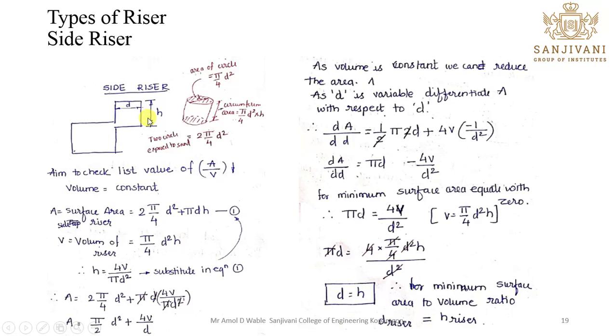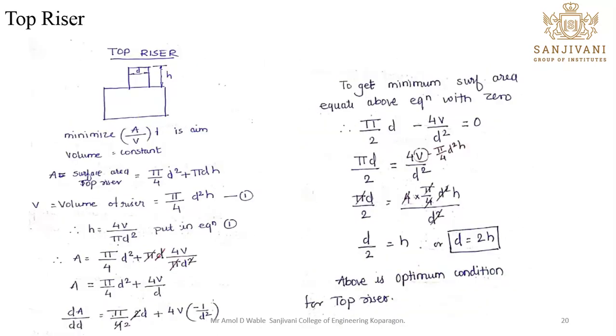Now let us see for a top riser. So in this case, the top riser will be placed at the top of your cavity. Here what change will you find? Now in this case also the same concept will be used, as we require a minimum surface area to volume ratio of a riser.